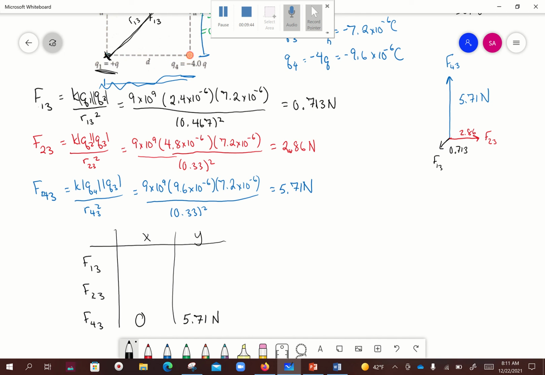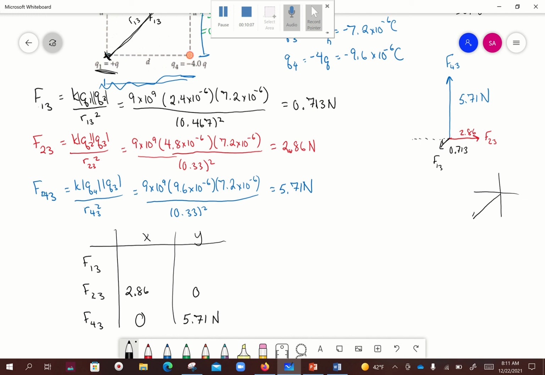All right, the other easy one is F23. F23 is all in the plus x direction. So I've got 2.86 in the x direction and 0 in the y direction. And then for F13, I'm going to have to break that one into components. So let me put on a dashed line. Let me make a bigger picture here.